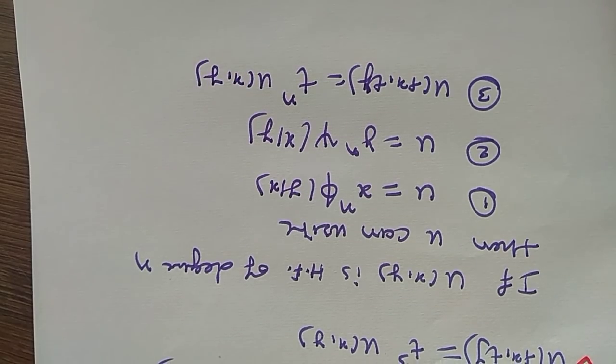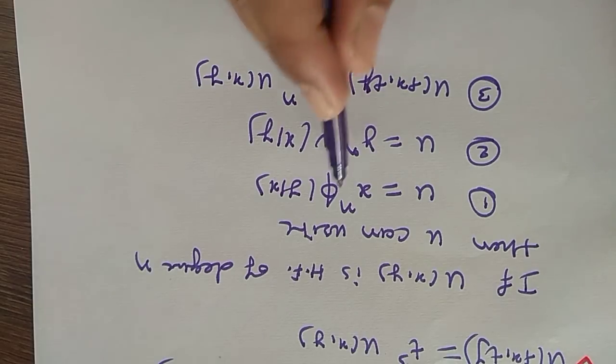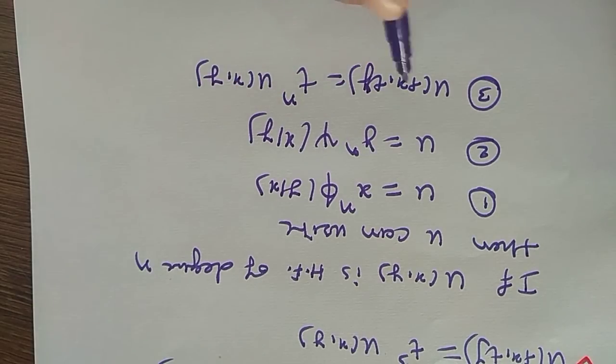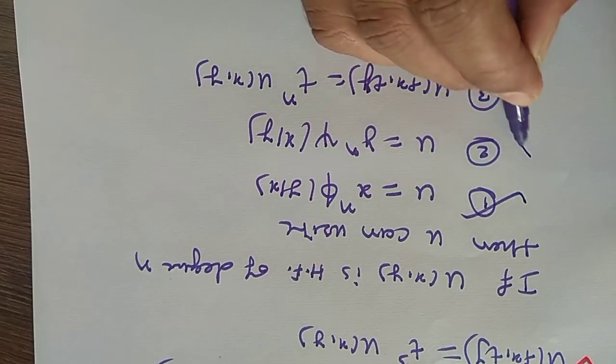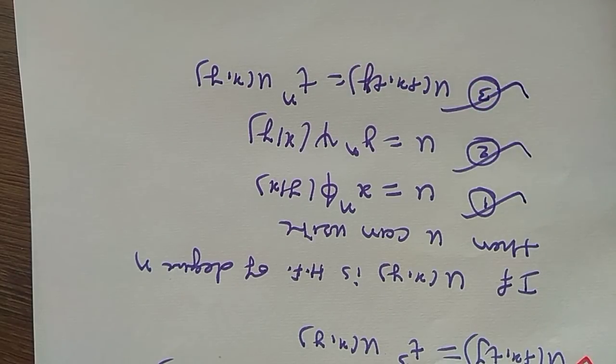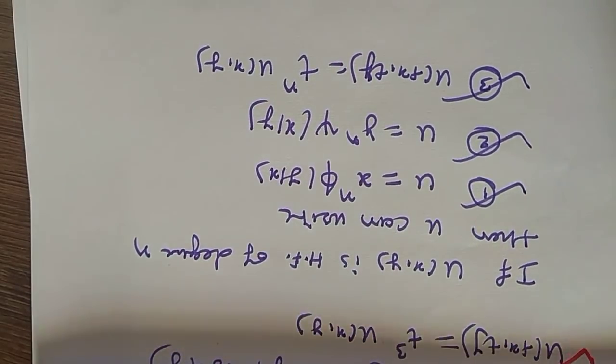Means for every homogeneous function of degree n, we can write either this form, or this form, or this form. Okay. With the help of this, we will generalize a new idea for our partial differentiation. Before that, I will cover some examples of how to find its degree and to check whether a given function is homogeneous or not.